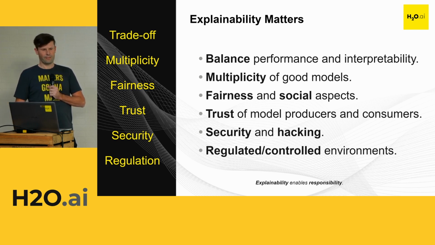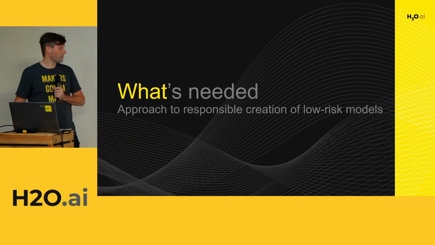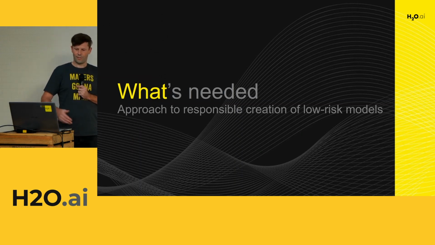You can prevent or detect problems with a model which was compromised or hacked. And finally, it's a mandatory condition if you build models for regulated or controlled environments. So in this second part, I will briefly describe how to build the models responsibly.